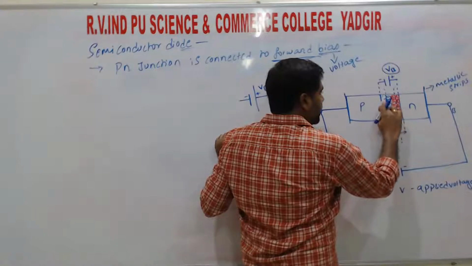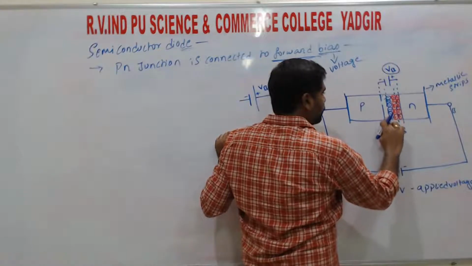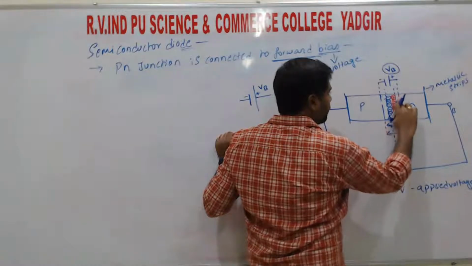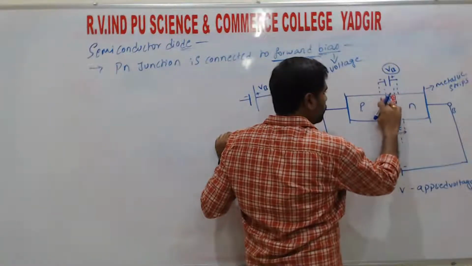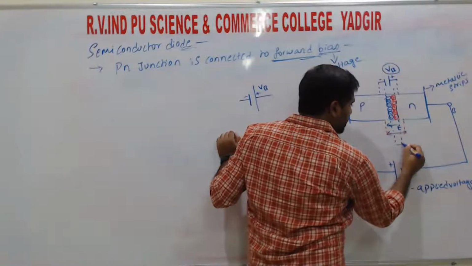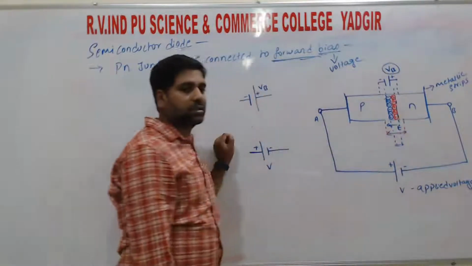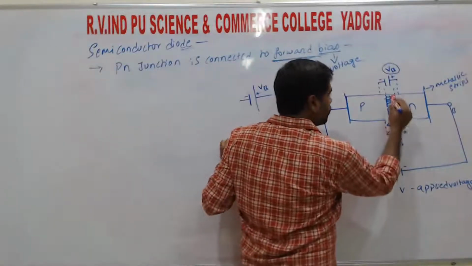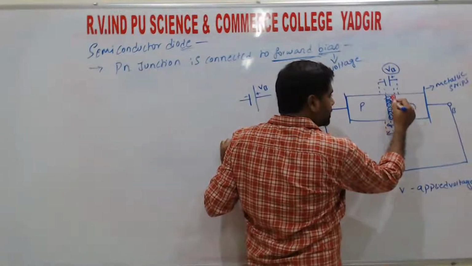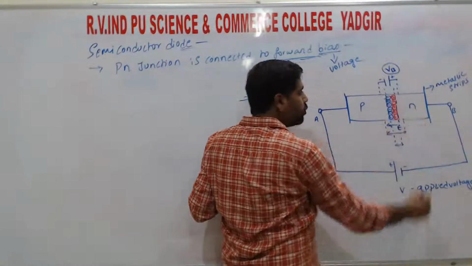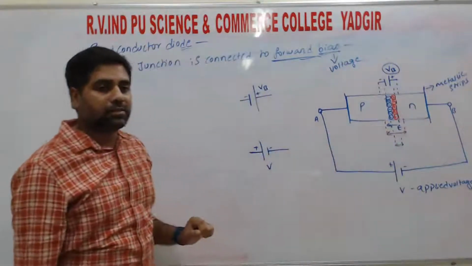So that means here and here it gets vanished. Now if you observe here, the depletion layer is decreased, right? As the depletion layer is decreasing, the number of charge carriers diffused from N type to P type and from P type to N type increases.